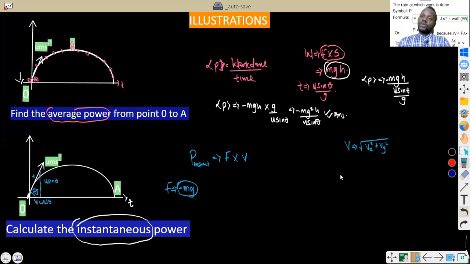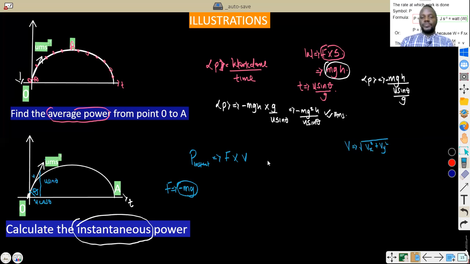Do you understand what I'm trying to say? Because we have two components of velocity, which we have to put down in our velocity. That is the way I'm going to solve this question. It might look a little bit tough because it is an advanced illustration, and we needed it.